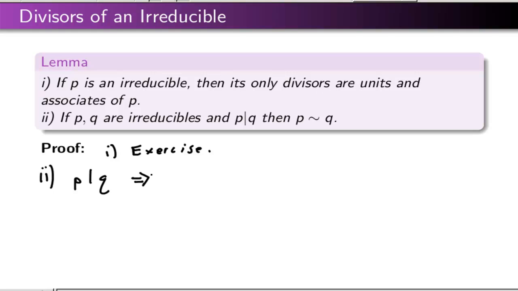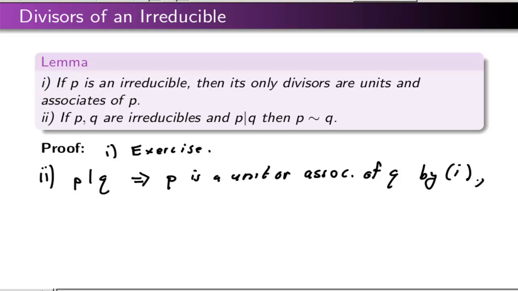So that would imply that P is a unit or associate of Q by part 1. But by definition, P is not a unit since it's an irreducible. So it must be an associate of Q.